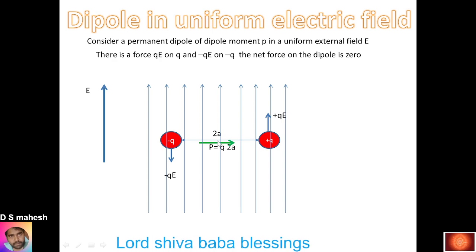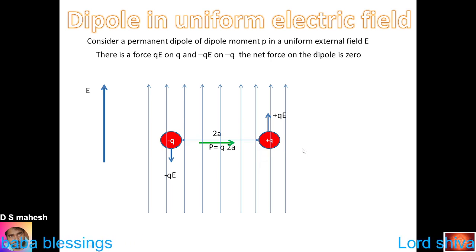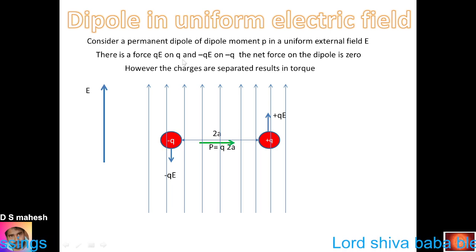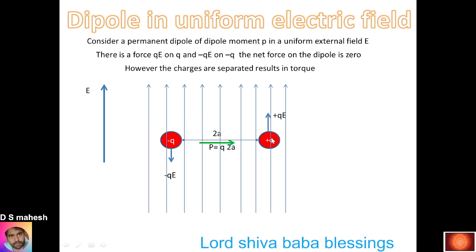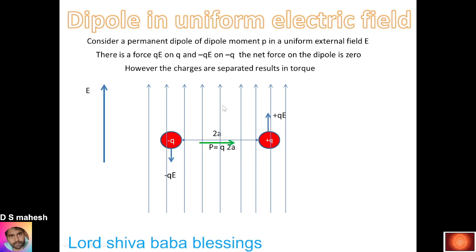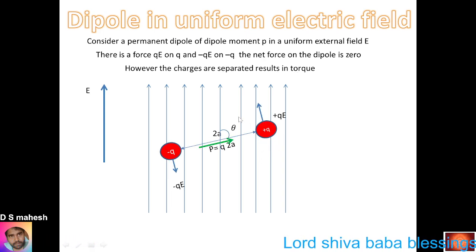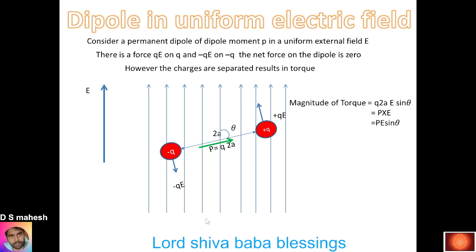But the force is applied at one end and at the other end, so this tries to build up a torque. Since the force is applied at the two ends, although the net force is 0, this results in something called torque. This torque tries to rotate the dipole.